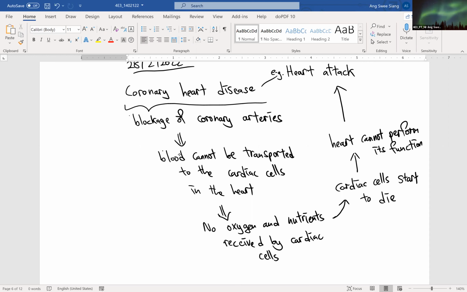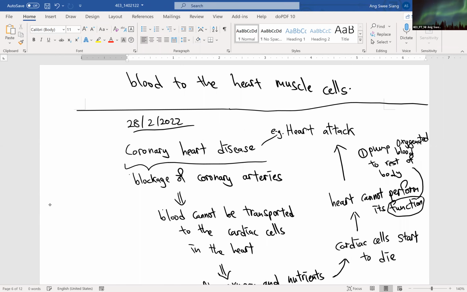Heart attack is very dangerous because if the heart cannot perform its function, and the function of the heart, I hope you all still remember, is to pump oxygenated blood to the rest of the body, and to pump deoxygenated blood to the lungs for reoxygenation.